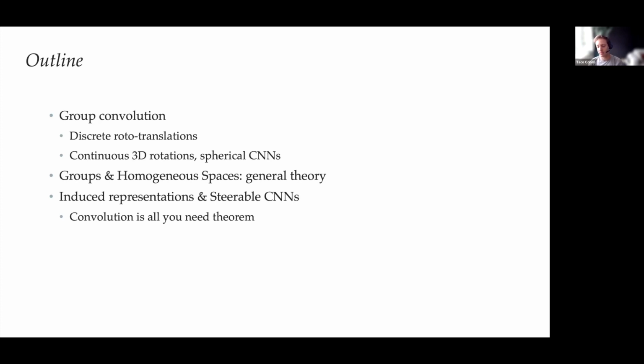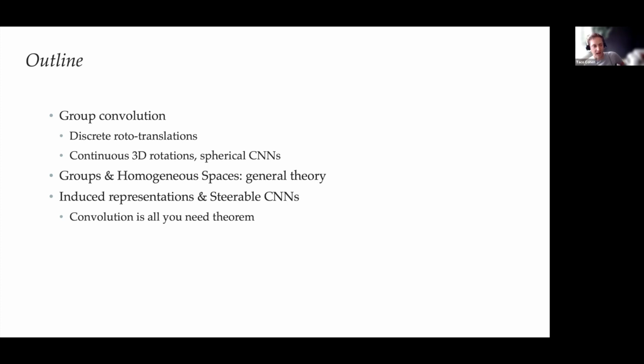But what we'll look at in this lecture is how to generalize this from convolutions that are equivariant to translation to convolutions that can deal with more general groups of transformations, including mainly rotations of planar images, 3D volumes, spherical signals, and in fact, a far more general class of groups and spaces on which they act, the so-called homogeneous spaces.